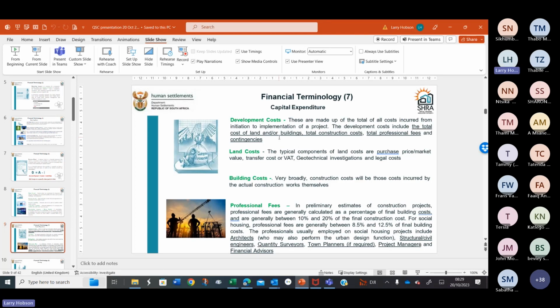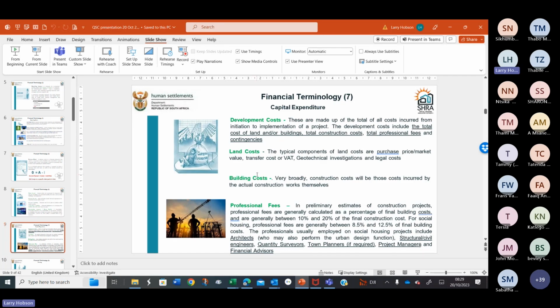So you would add it on to what you paid to the seller of the property. Other investigations and legal costs related to the acquisition of the property also fit in under the land cost section. Building costs are your construction costs or your refurbishment costs of properties that are being built in regeneration projects.